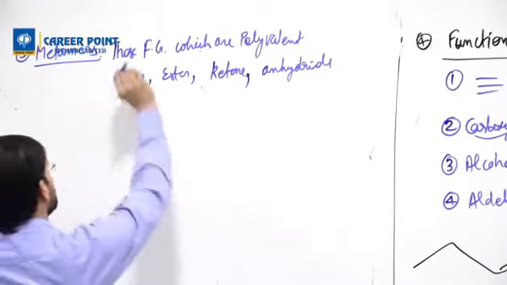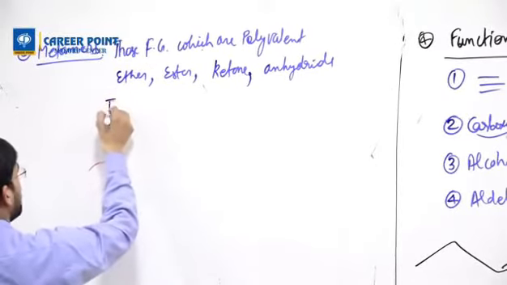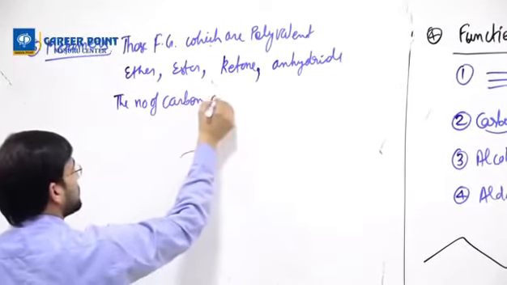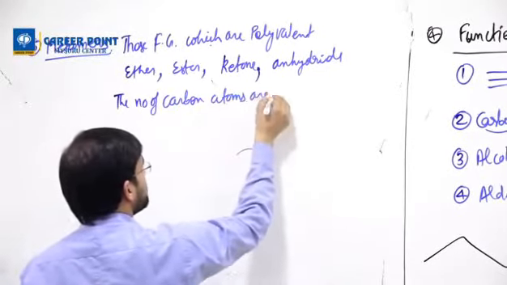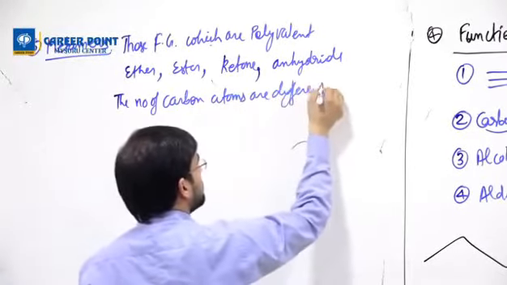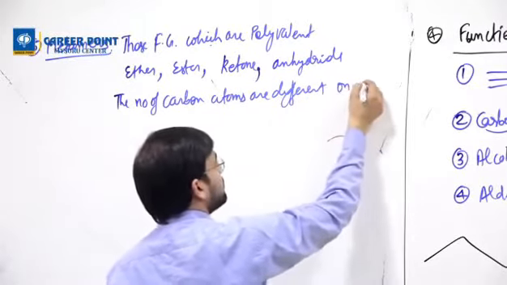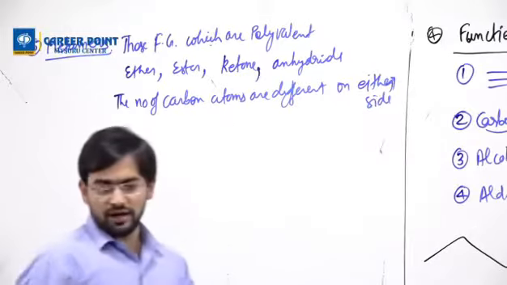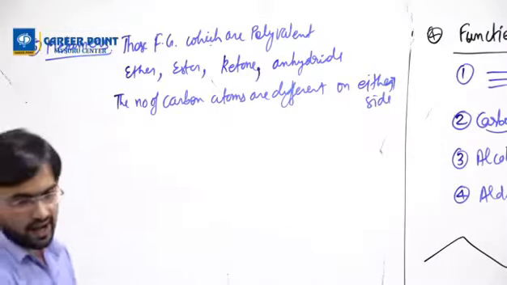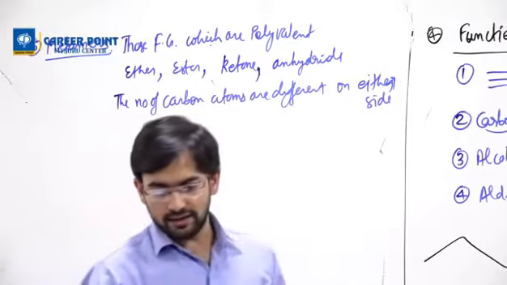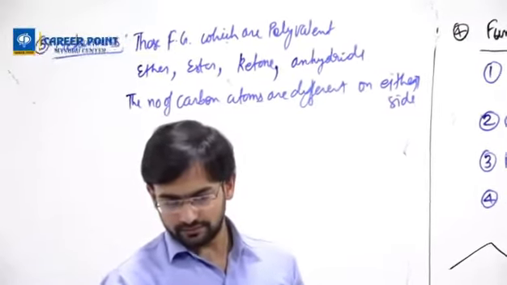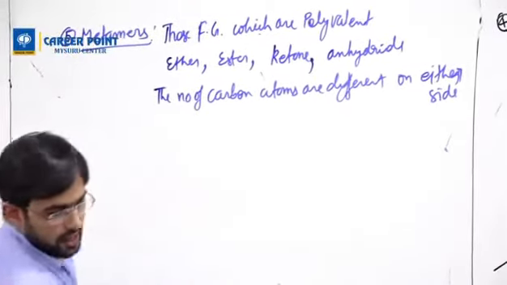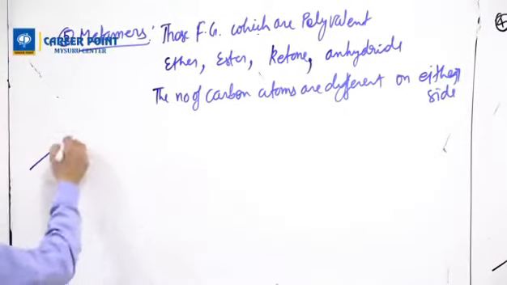And how is metamerism done? The number of carbon atoms is different on either side. Example we take now.